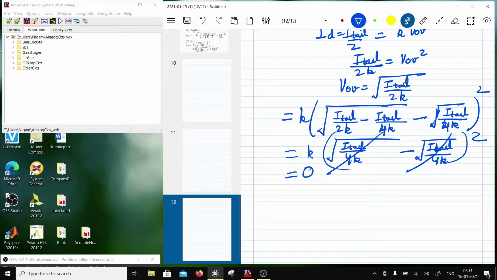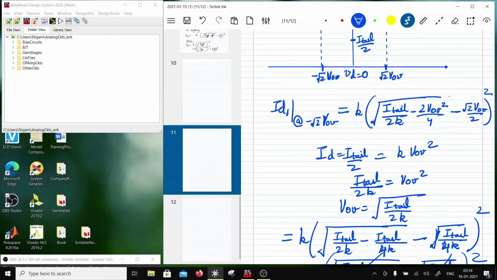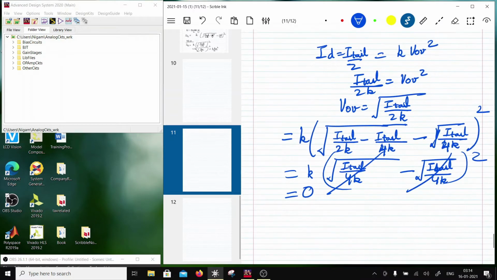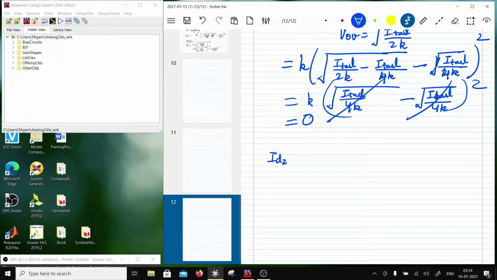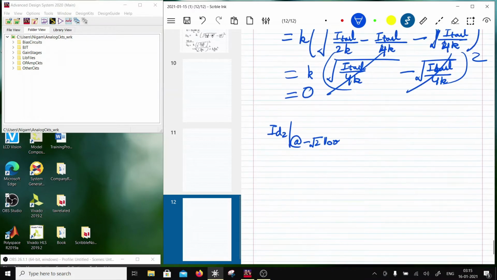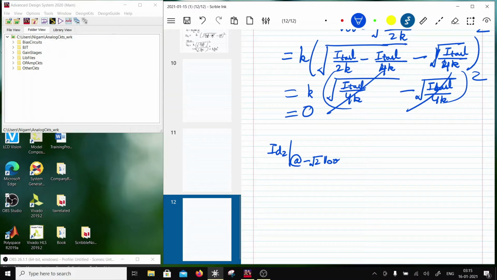So id1 will be equal to 0. At this point id1 should be 0, right? So here id1 equals 0. What about id2? Id2 at this point, at minus root 2 times V overdrive. So let's substitute it. In this case there will be a plus sign over here, right? Then id2 would be equal to k times the square root of I tail by 4k times 2, whole square, isn't it?